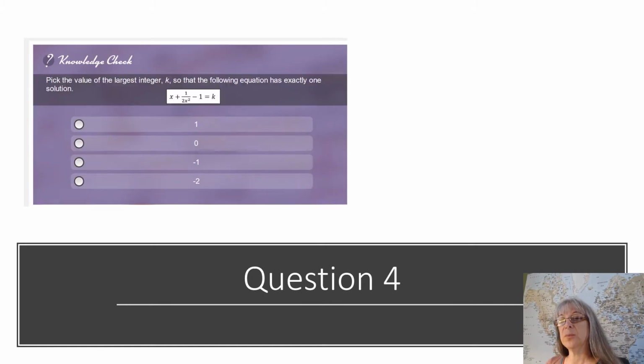All right, so pick the value of the largest integer k so that the following equation has exactly one solution. So if I make this a little larger, I have x plus 1 over 2x squared minus 1 equals k. You can do this several different ways.